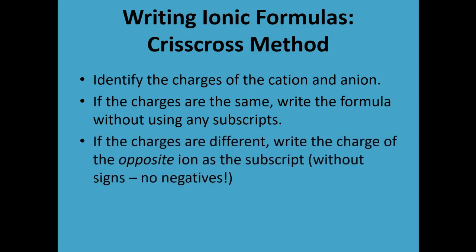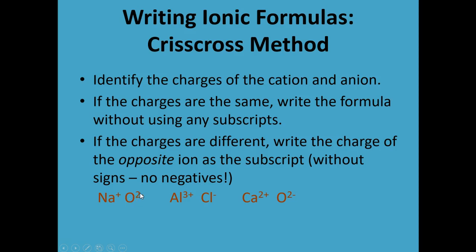If the charges are different, we're going to use the charge of the opposite ion as the subscript for a particular ion. And let me show you what that means. So let's say we're forming a compound of sodium and oxygen. The sodium ion has a +1 charge. The oxide ion has a -2 charge. Since those charges are not equal in magnitude, it's not going to be NaO.